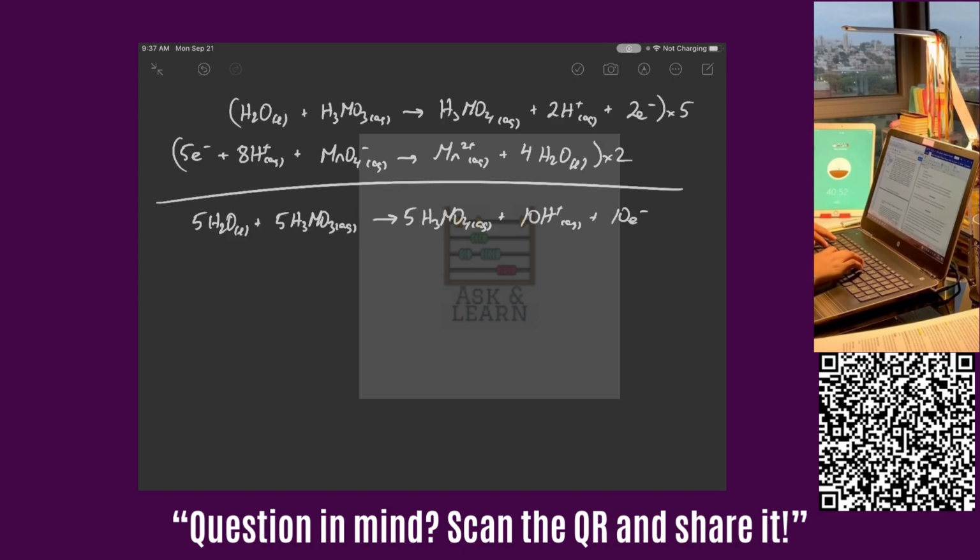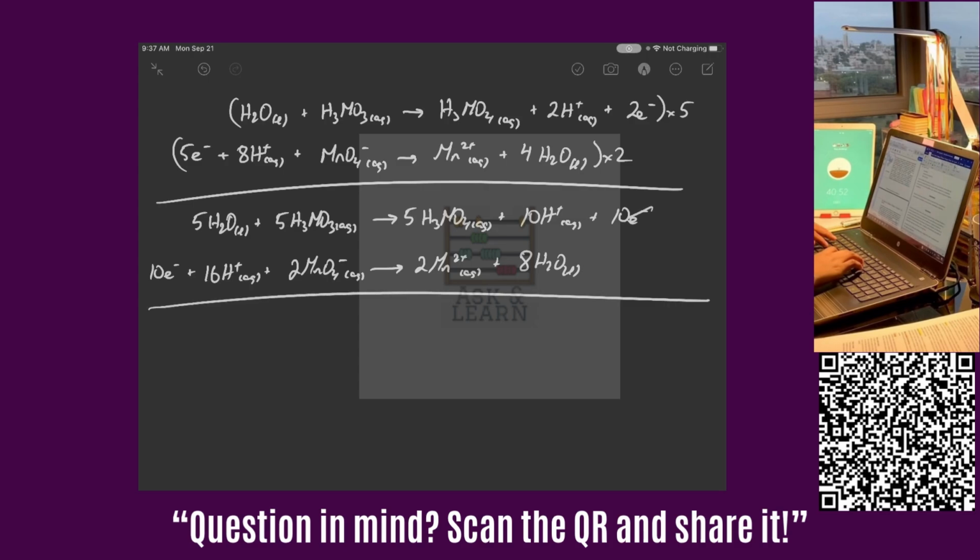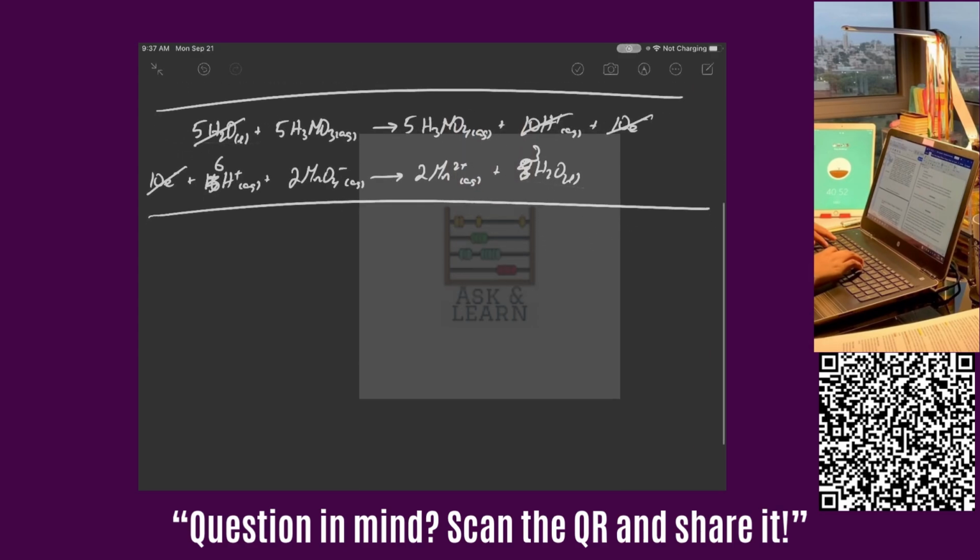Multiply the second half reaction by 2. Cancel out the electrons. Hydrogens will simplify. H2O will simplify.